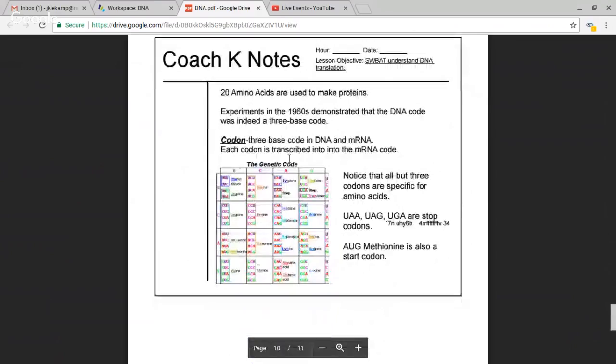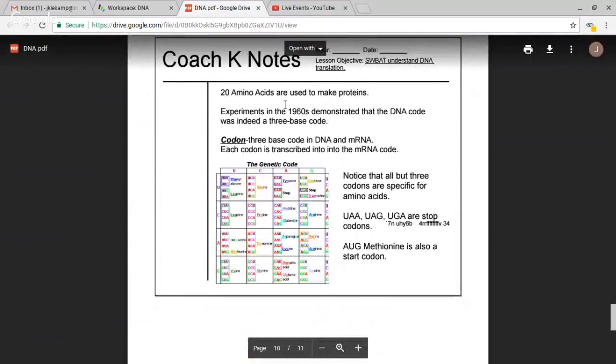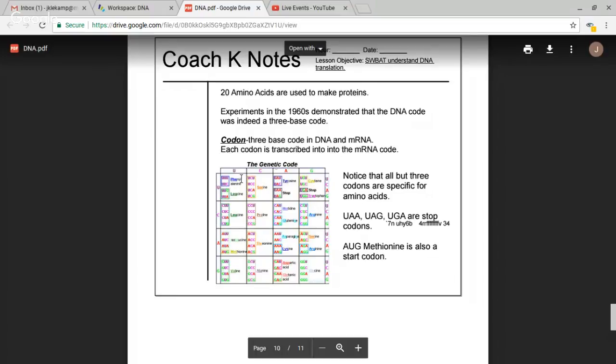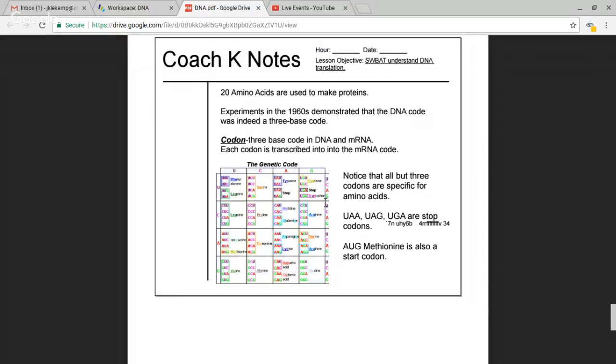Now, we have 20 known amino acids that make up proteins. And it's based off our codons, like I said, which is that 3-base code in DNA and mRNA. Each codon is transcribed into the mRNA code. So, for instance, I'm not sure what all this mess is here, guys, on the notes. I apologize. But you would use this column as your first base, this would be your second base, and this would be your third base.